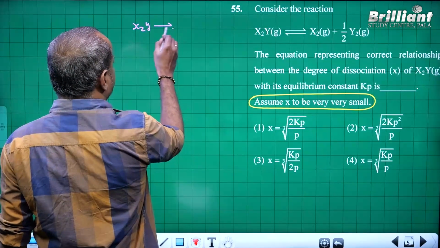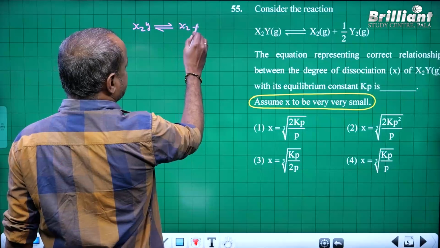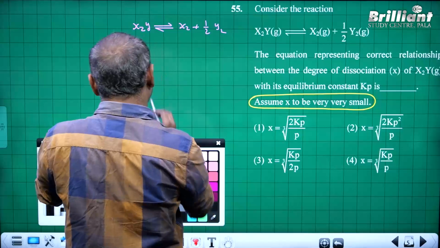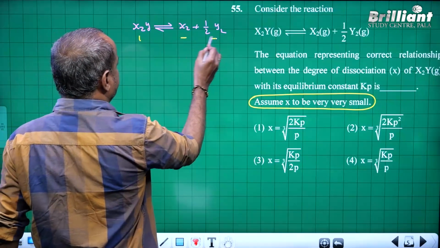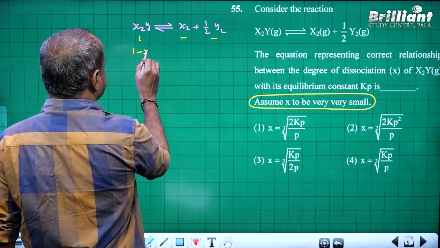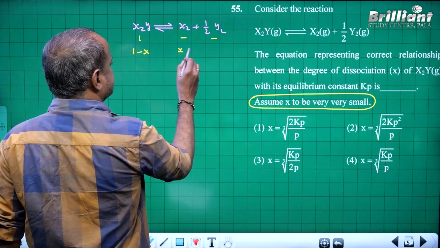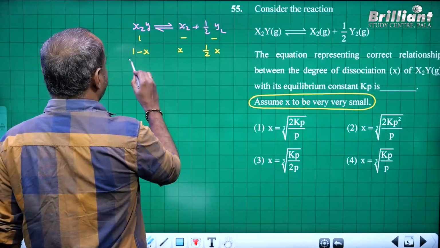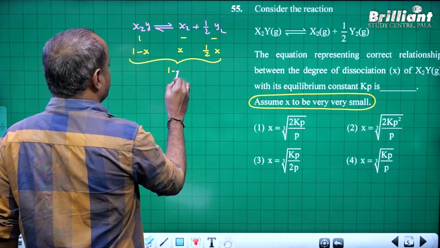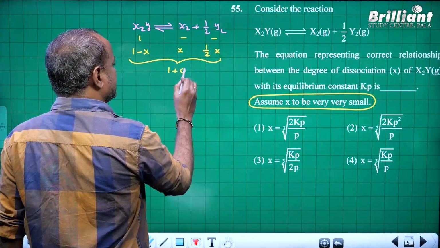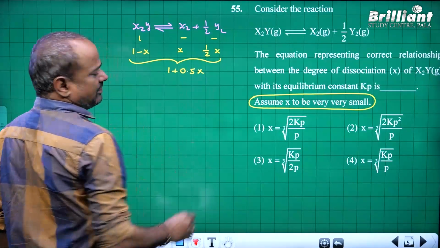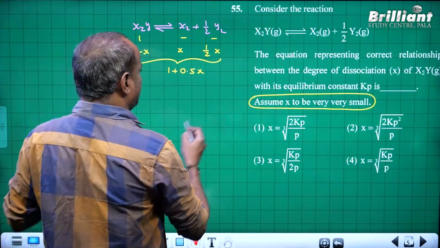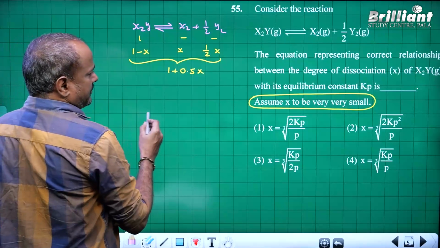X2Y gives rise to X2 plus half Y2. Initially 1, 0, 0. At equilibrium 1 minus x, x, x by 2. Total moles equal to 1 plus 0.5x, or 1 plus x by 2. Now come to the Kp formula.